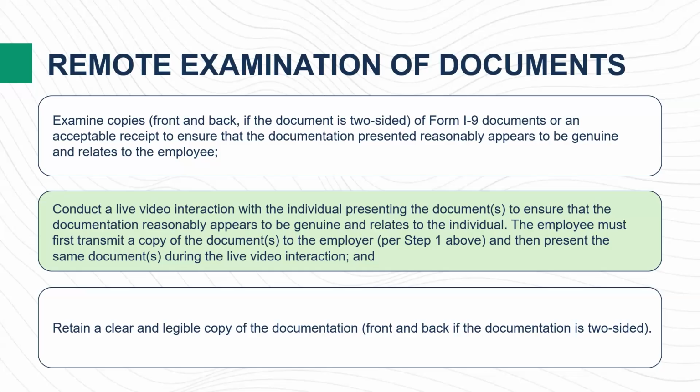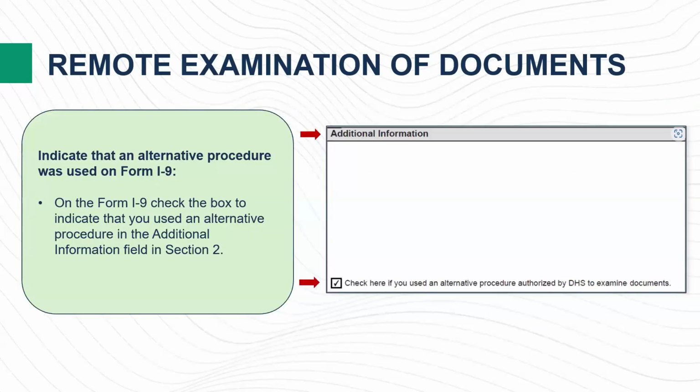The employee must first transmit a copy of the documents to the employer and then present the same documents during the live video interaction. Then you will indicate on the Form I-9, in that little box we talked about, that an alternative procedure was completed. And then you're going to retain clear and legible copies of the documentation, front and back if two-sided. So here's that little checkbox again, if you use that alternative procedure.